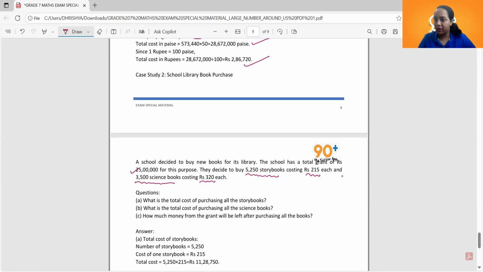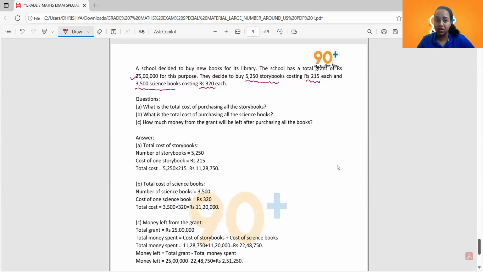That is what they planned. What is the total cost of purchasing all the storybooks?